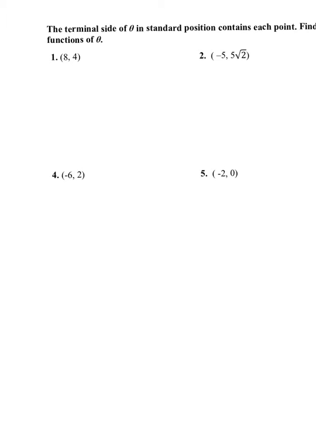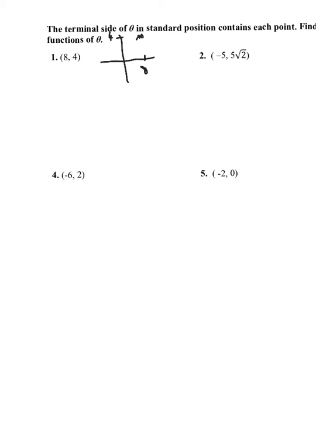So draw an x, y axis. And (8, 4) is going to be in quadrant 1. So (8, 4) might be somewhere there, not drawn to scale, where this is 8 and this is 4.